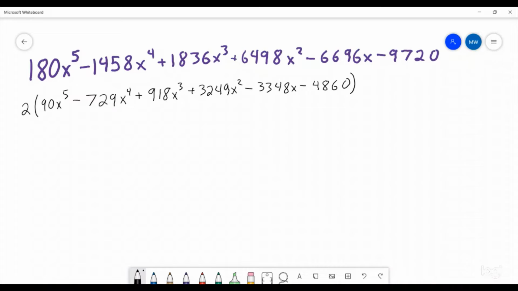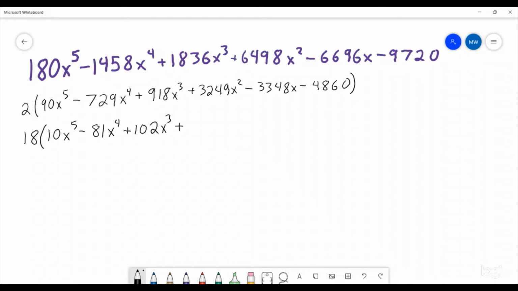But if we look at something like 3348, for example, 3 plus 3, that's 6, plus 4 is 10, plus 8 is 18. 18 is divisible by 9, so 3348 is divisible by 9. So we can actually pull an 18 out from everything. So we get 18 times, pulling a 9 out from everything else gives us 10x to the 5th. 729 divided by 9 is 81. x to the 4th plus 102x cubed plus, let's see, what is that divided by 9?